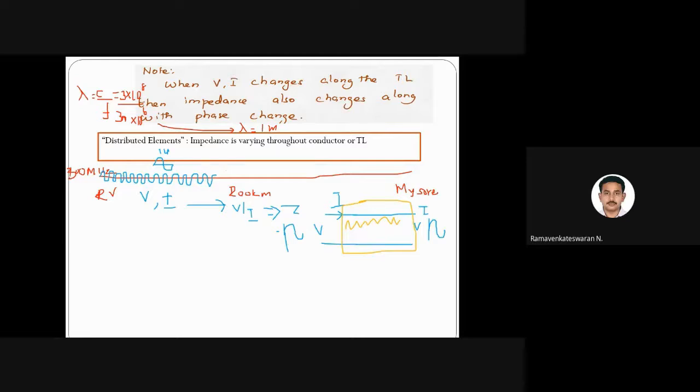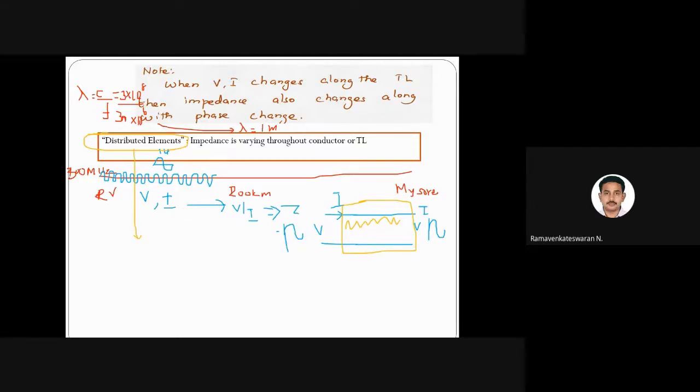Okay, this scenario we call distributed elements. So what we start with in the transmission line, we will take two wires and we will write voltage and current, input and output. I will assume this as real time, a distributed element, and from the distributed element I try to write the equivalent lumped model, because it's something like a small signal analysis.